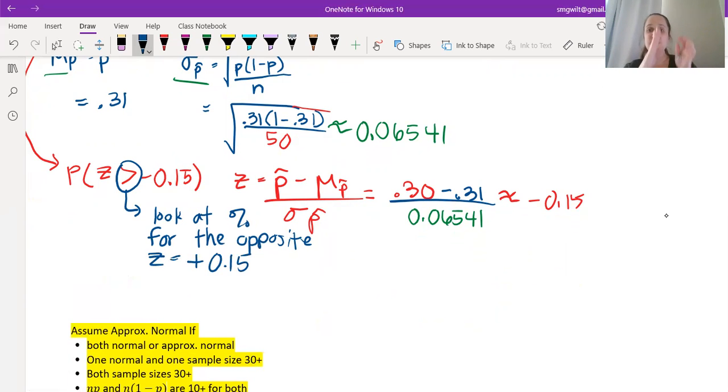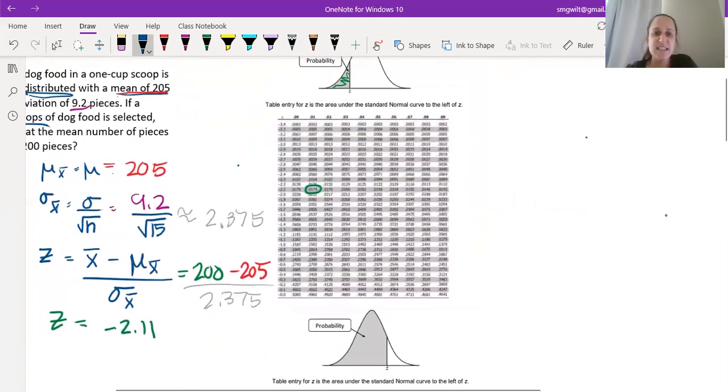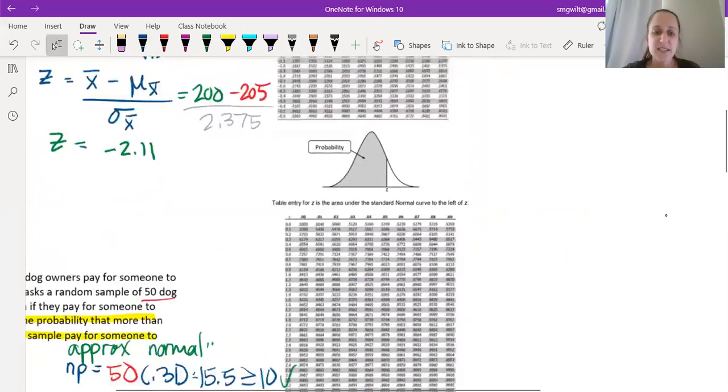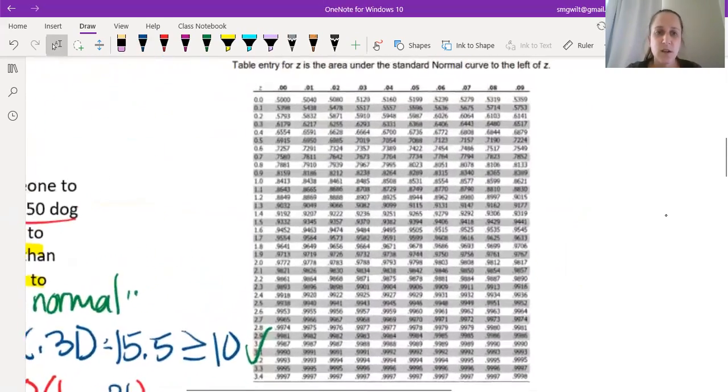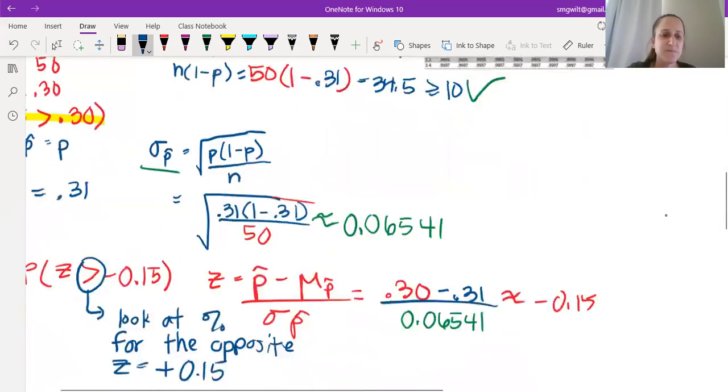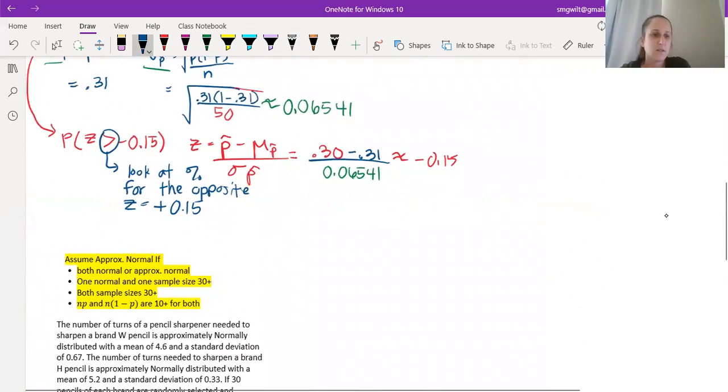Because of symmetry, that's going to give me the right value. If this is negative 0.15, I want the white section, I don't want the green colored section. So positive 0.15 gives me 0.5596. So that's going to be my answer.